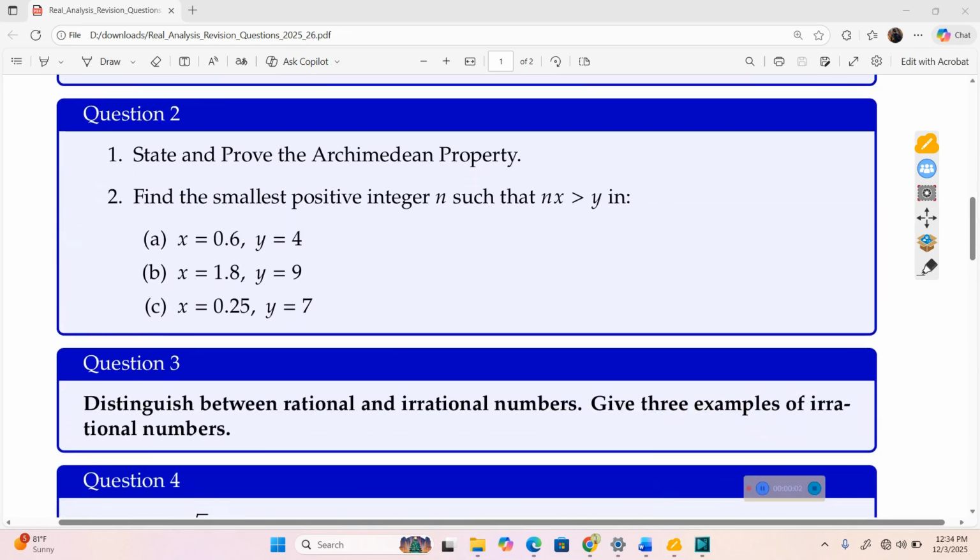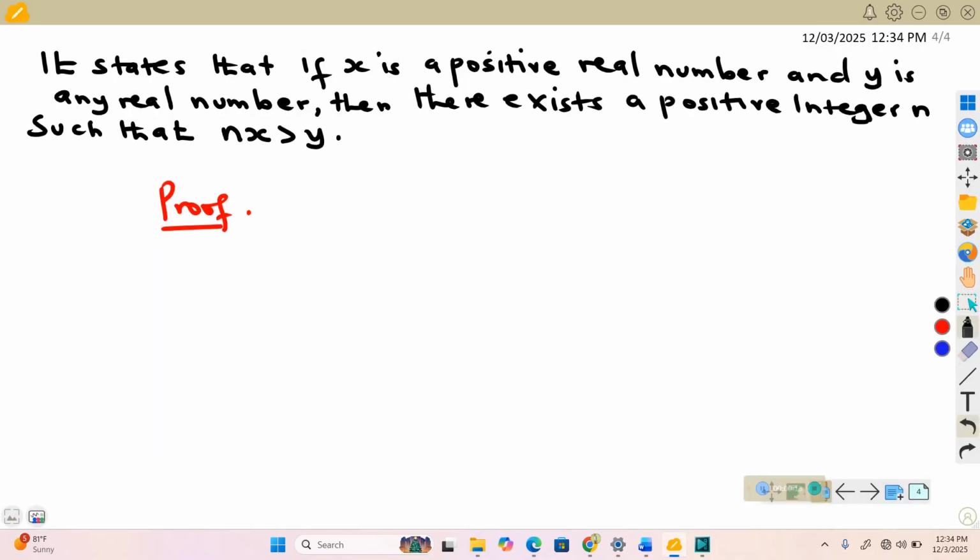For question 2, we need to state and prove the Archimedean property. So let us look at the statement for the Archimedean property. The Archimedean property states that if x is a positive real number and y is any real number, then there exists a positive integer n such that when you get n times x, you will get a value which is greater than y.